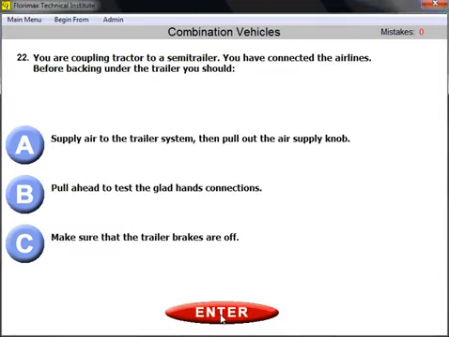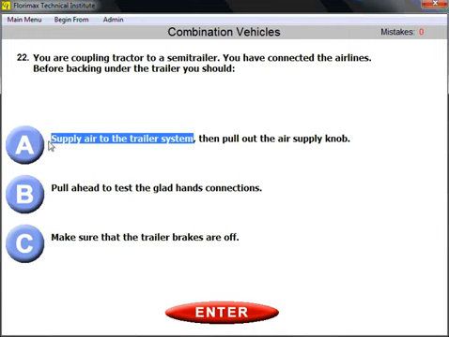Question number 22. You are coupling a tractor to a semi-trailer. You are in the process of coupling. You have connected the air lines. Now, before backing under the trailer, you should supply air to the trailer system. Again, the question looks and sounds very similar to the question we had two questions ago, but different options are given to you.